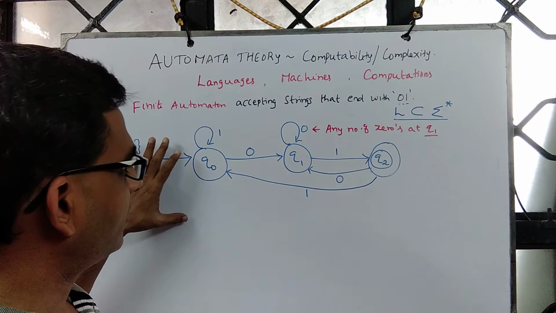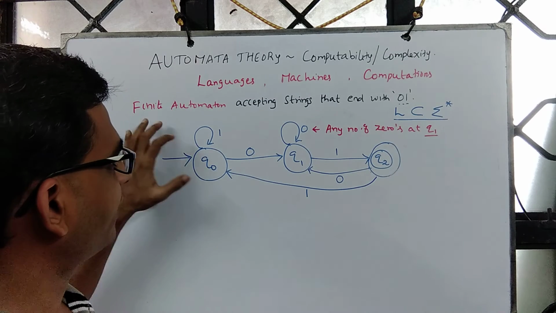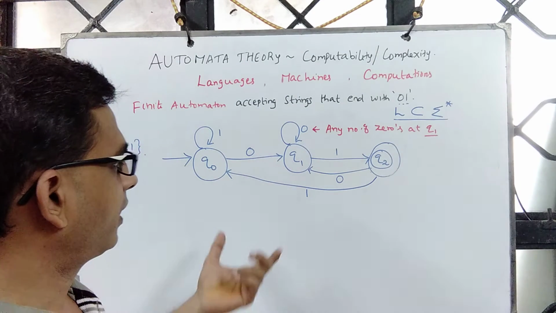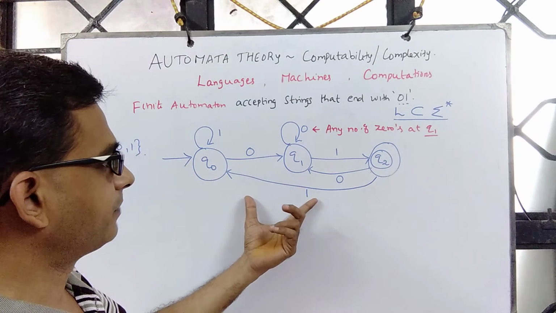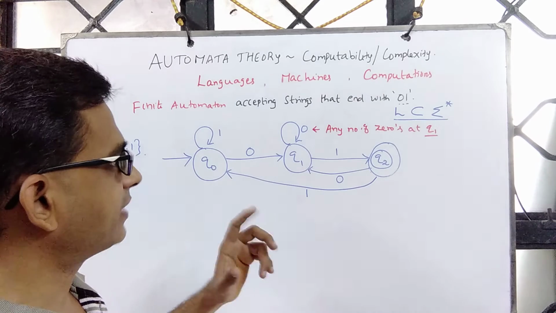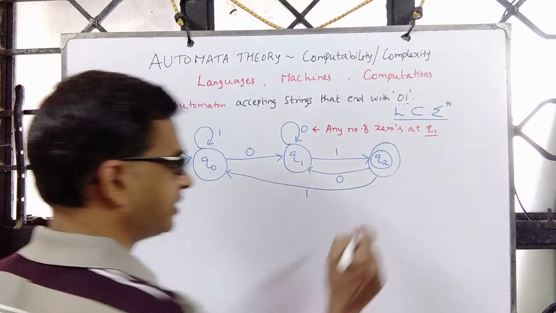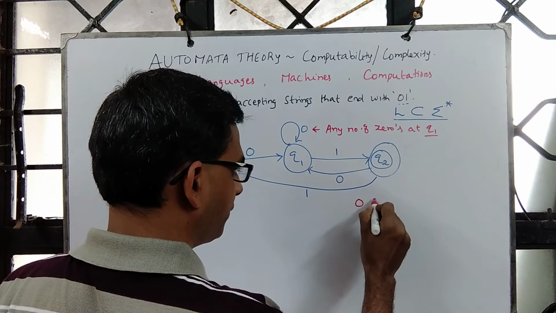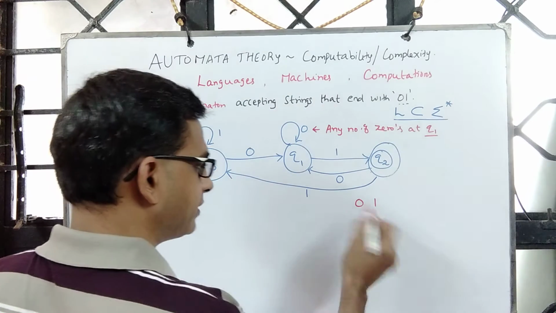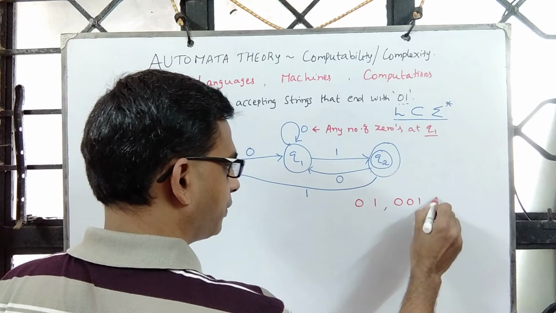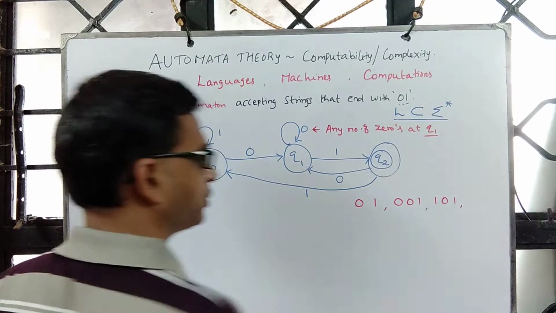So as part of our discussion, we looked at this case study, finite automaton accepting strings that end with 0 1, and here is an automaton. If you focus on the construction, the simplest string that this machine can accept is 0 1, and subsequently you see that it can accept 0 0 1, 1 0 1, and so on.